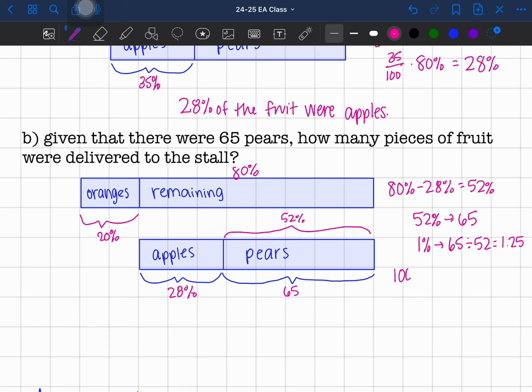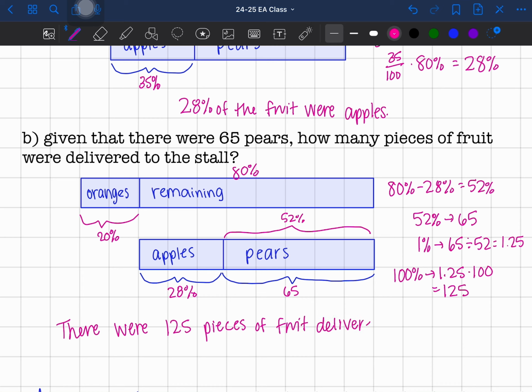Then we would find the 100%, moving our decimal, 125. So there were 125 pieces of fruit delivered to the store.